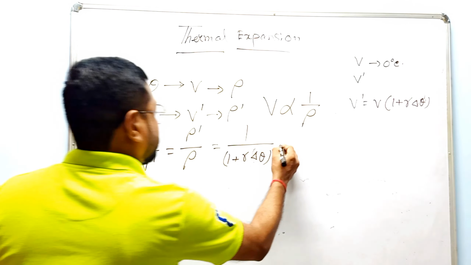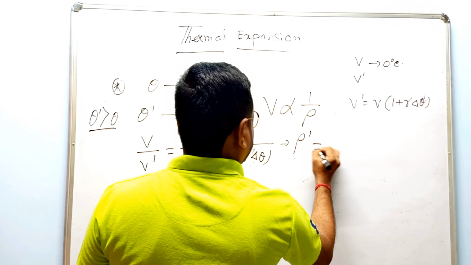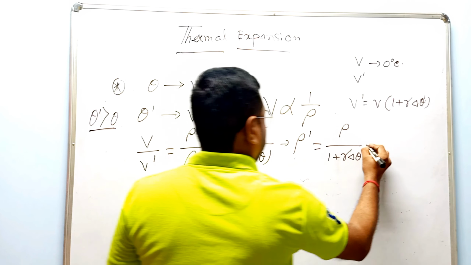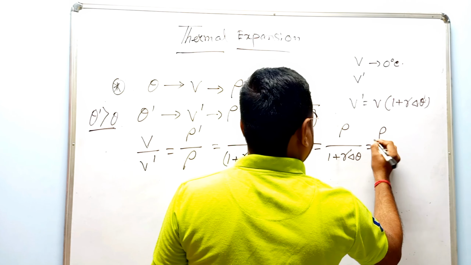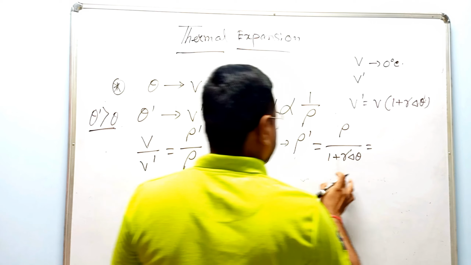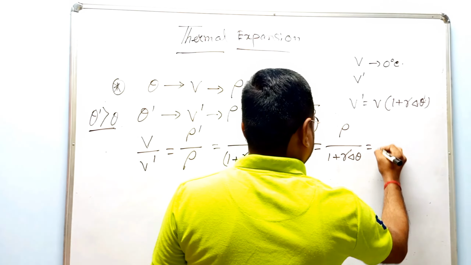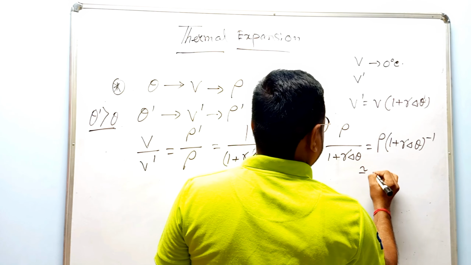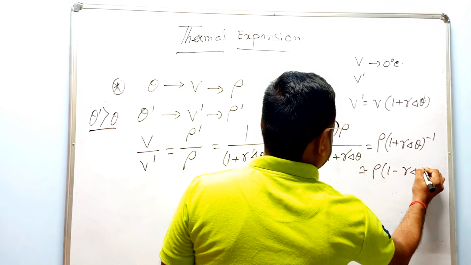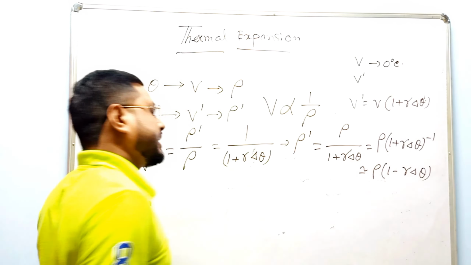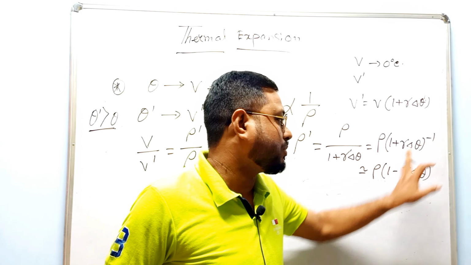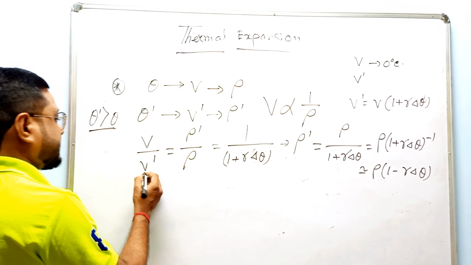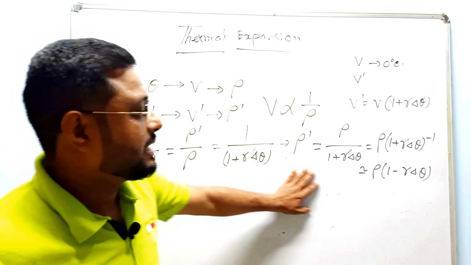That is, rho dash equals rho by (1 plus gamma delta theta), which is nearly equal to rho into (1 minus gamma delta theta), as delta theta is very small. So when temperature increases, volume increases but density decreases.